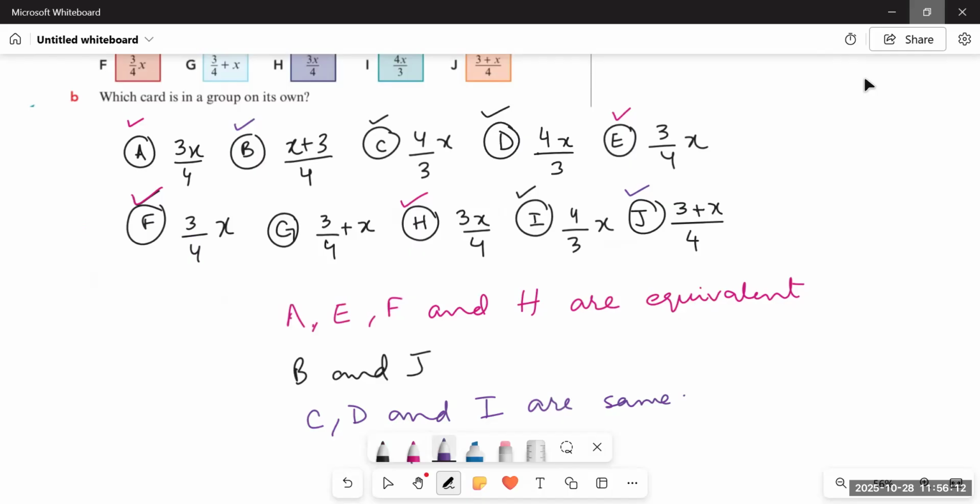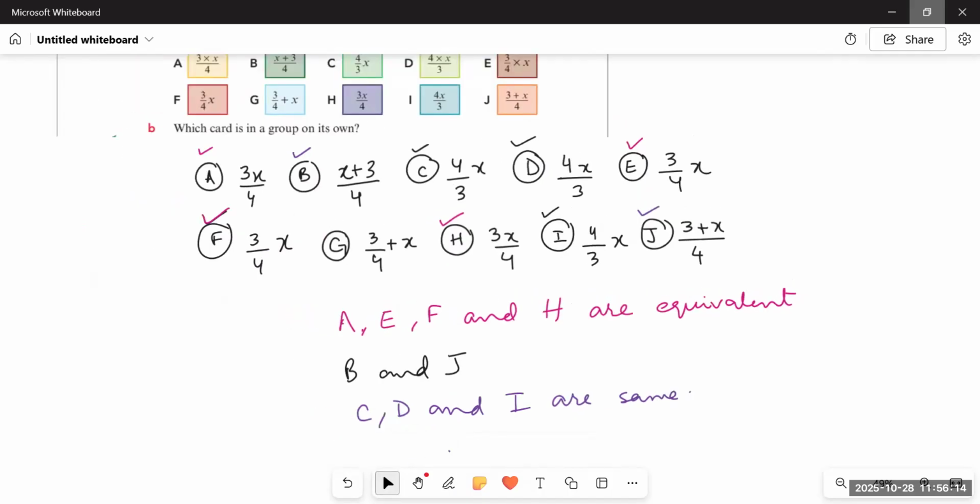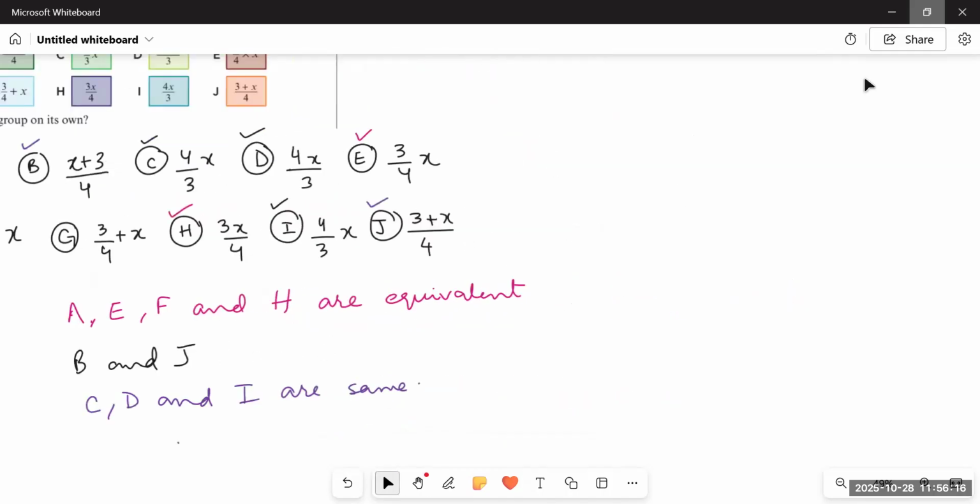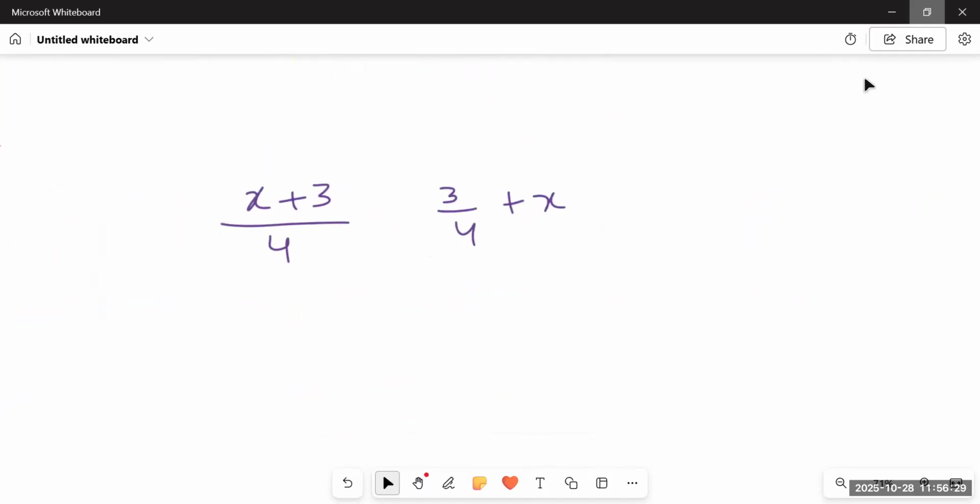It's G. And let me show you the difference between x plus 3 over 4 and 3 over 4 plus x. Let's suppose a value for x.